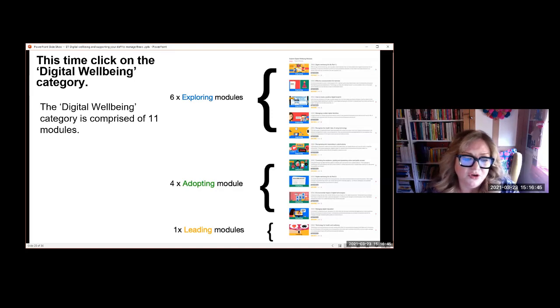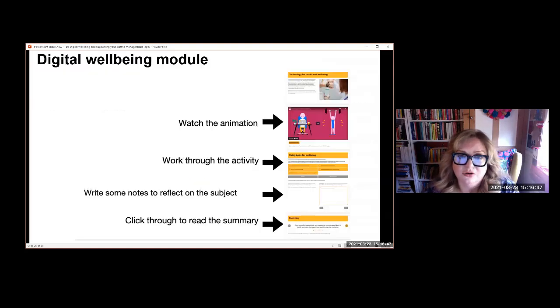So if we move on to the next one. When you're in a digital wellbeing module, they all have a similar sort of layout. There's information at the top, then an animation, which is normally about 3 to 4 minutes. Then there are some activities to work through. You can write notes about the subject as it's happening, and then you click through the summary.